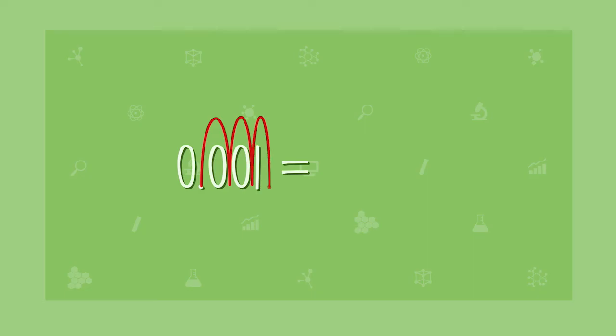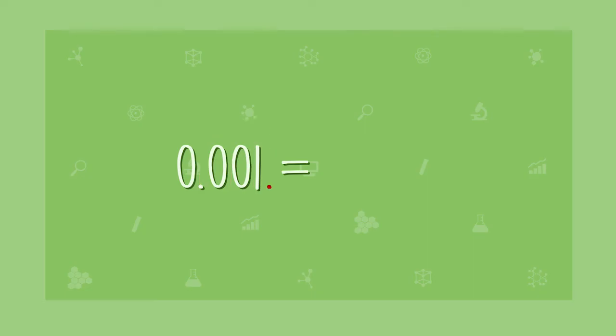Next, we're going to have a look at some examples of converting very small numbers, numbers less than 1, into scientific notation. First, let's try 0.001. We can already see the decimal point here, so there's no need to imagine it. Now we want to convert this really small number into a number between 1 and 10. So we move the decimal point to the right 1, 2, 3 places.